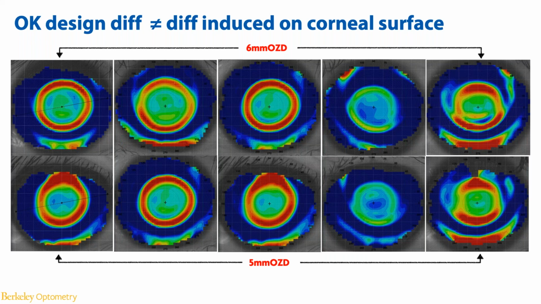But if you pay closer attention to the top row, which are the same eyes wearing the 6mm OZ, you can see that at least for the first three, with the larger treatment area, they tend to have a slightly under correction at the corneal apex as compared to the 5mm counterpart. So the number one indication I would use for a 5mm OZ for troubleshooting is those who had a slight pseudo-central island with a 6mm CRT.